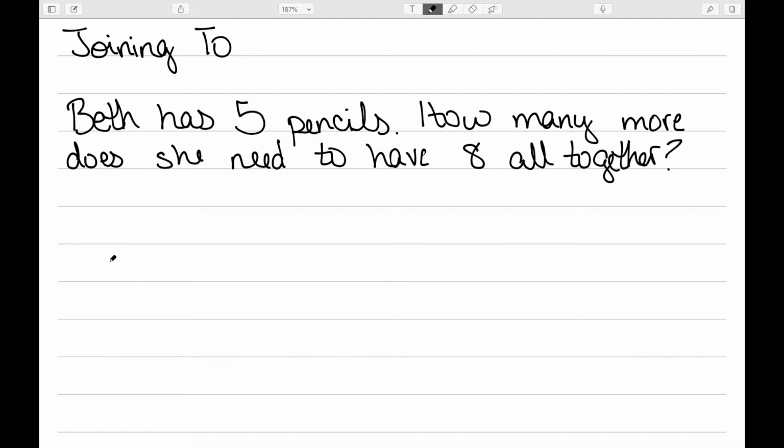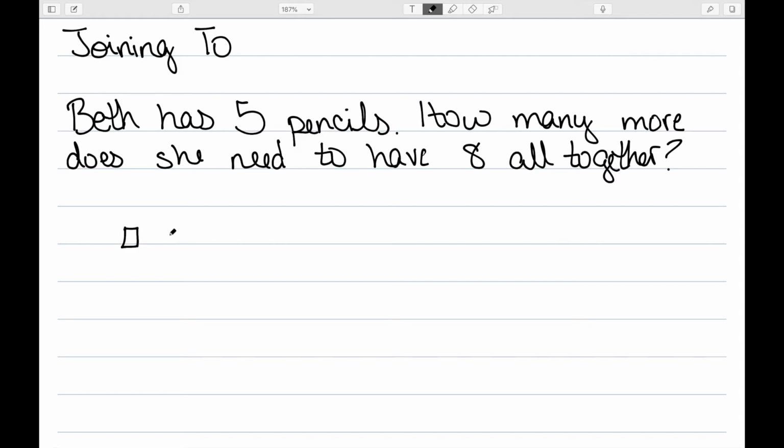The next method is called joining two, which is very similar to the joining all strategy. The difference is here we only count the number of things that we add rather than the total. So let's look at an example. Beth has 5 pencils. How many more does she need to have 8 altogether?